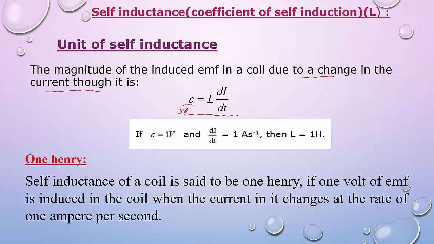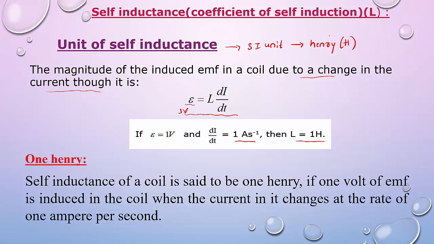When E equal to 1 volt? When current through the coil changes at 1 ampere per second, then L equal to 1 Henry. So that indicates the SI unit of self-inductance is Henry, or you can write simply capital H.